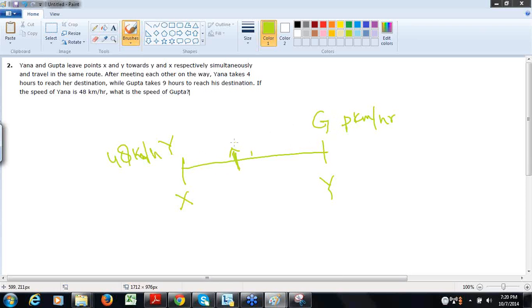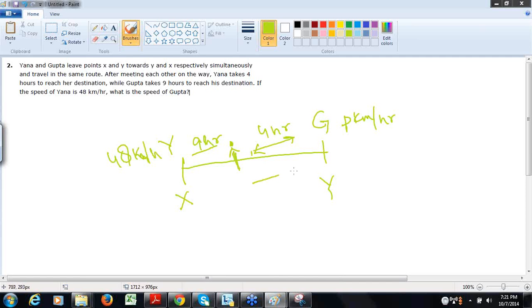Now Yana and Gupta meet here. After this, Gupta takes 9 hours, and Yana takes 4 hours to complete this.